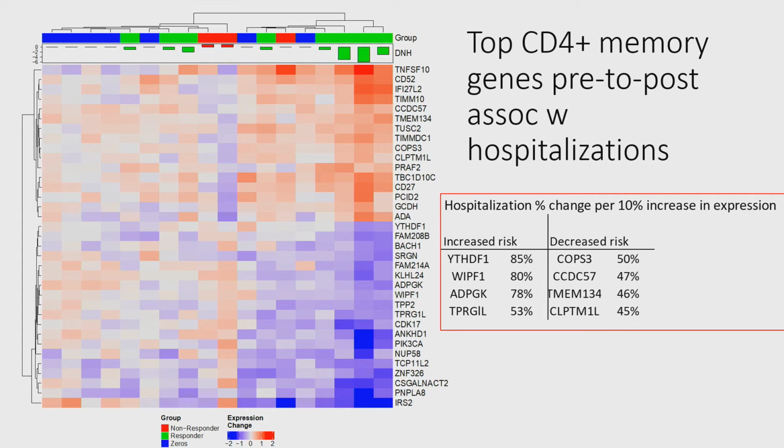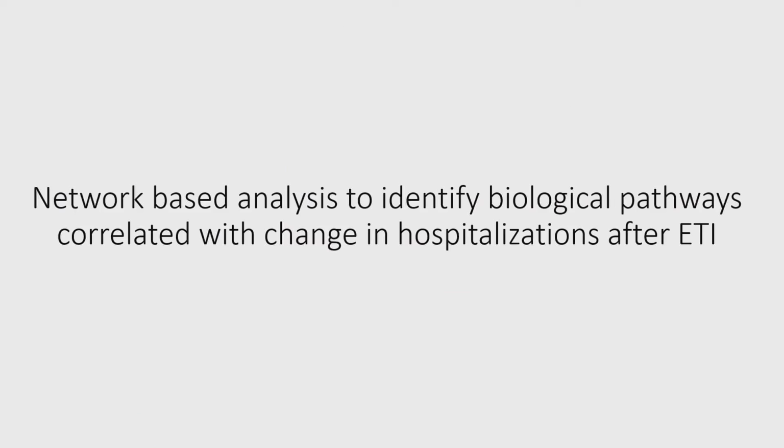And these other ones tend to have anti-inflammatory effects, and this is a mitochondrial protein. So you can definitely see how these patients who had marked changes in hospitalizations actually had different genes that helped them in the CD3 T cells compared to the ones that helped them improve their FEV1.